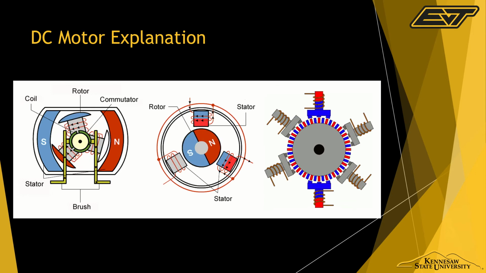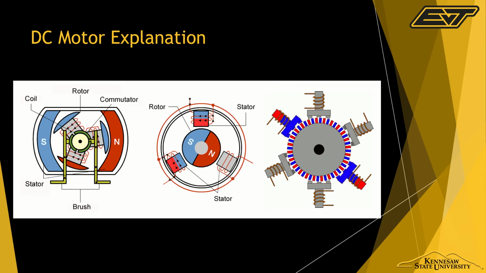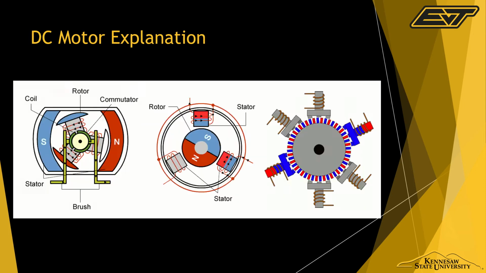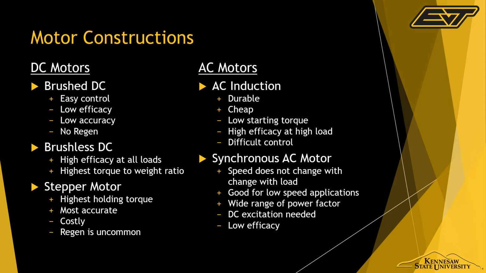Actually, it's not just a possibility, there is arcing that happens with brush motors, and that causes loss of efficiency. They also have very low accuracy because there's no control. It's basically just on or off. In order to control their speed, we just send them a lower voltage, and that's basically the only kind of control that you have.